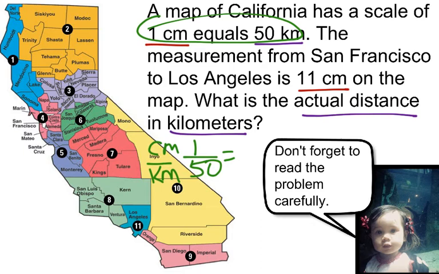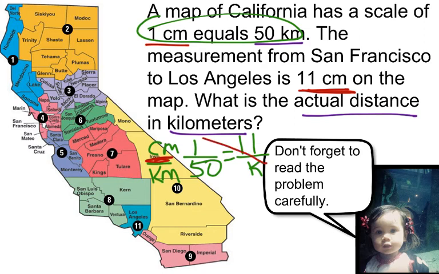So of course, the $60,000 question is, does it go on the top or the bottom? Take a minute to think. So we have centimeters and we have centimeters on top. So 11 is going to be my numerator. And the actual distance in kilometers, I might use a K just to remind me that I'm dealing with my answer in kilometers.